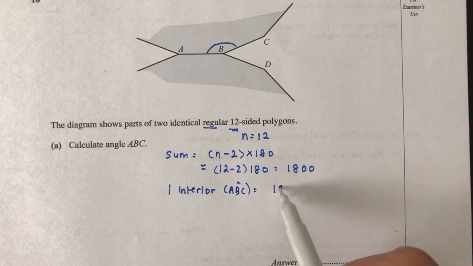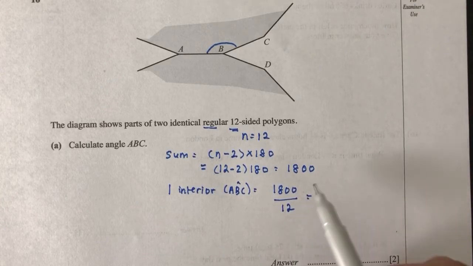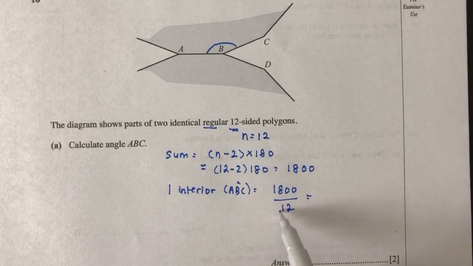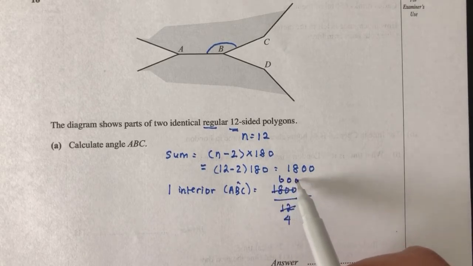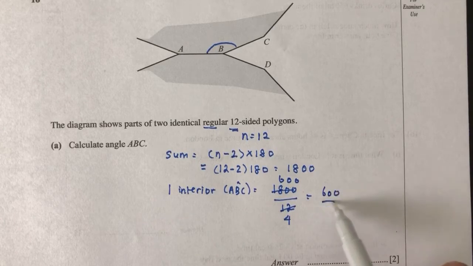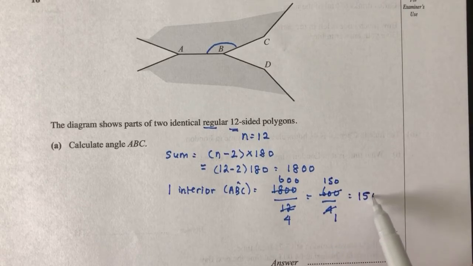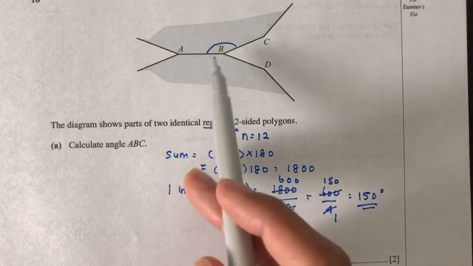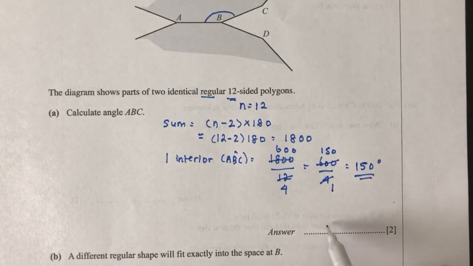It is equal to 1800 divided by 12. So let's divide by 3, we have 600 divided by 4. Divided by 4 we have 150. So the size of the angle inside will be 150. So your answer for part A will be angle 150 degrees.